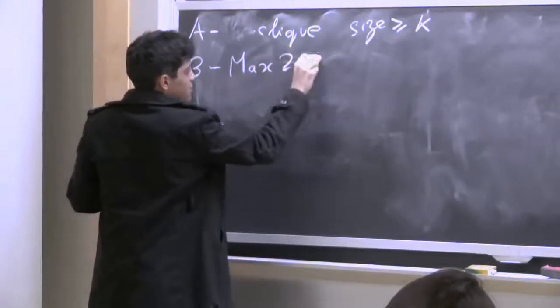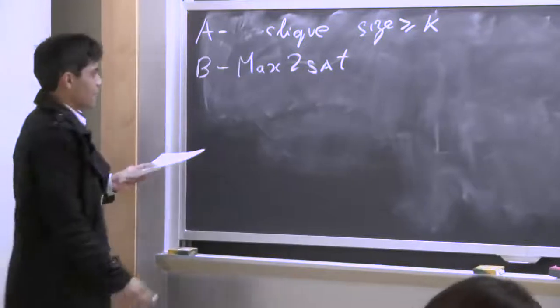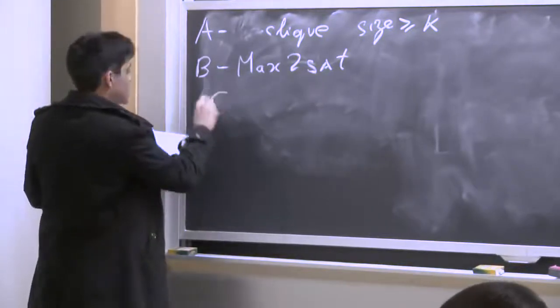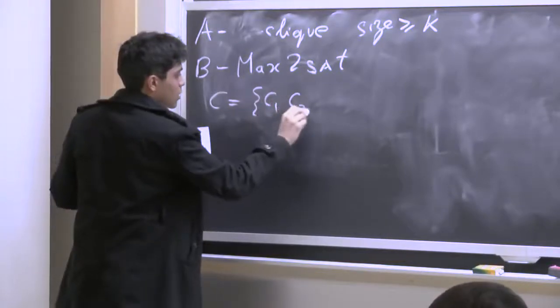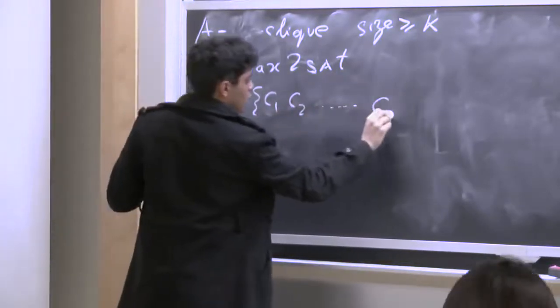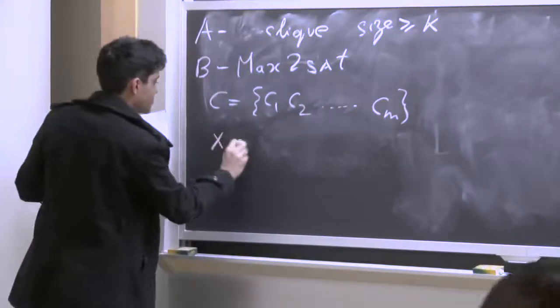So what that means is that it is somewhat like normal 2-SAT, except basically you have some clauses and you have some literals.